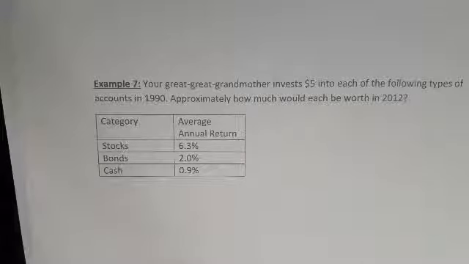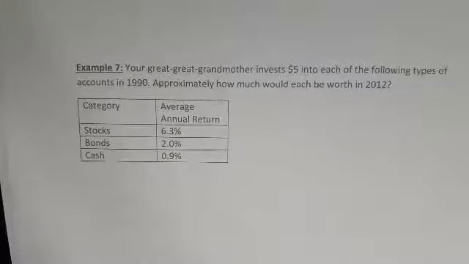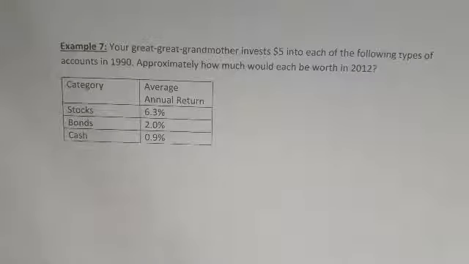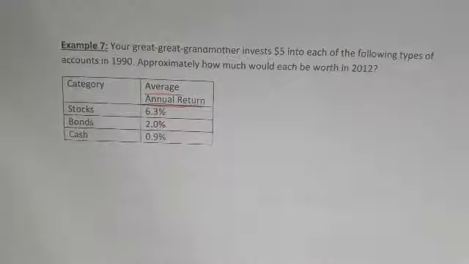Your great-great-grandmother invests $5 into each of the following types of accounts in 1990. Approximately how much would each be worth in 2012? They give us the average annual return here. If we have an annual return, this is the key that tells you probably what formula you should be using.